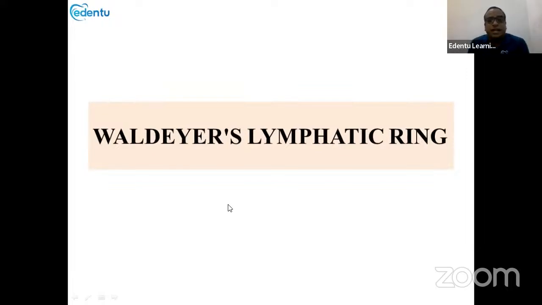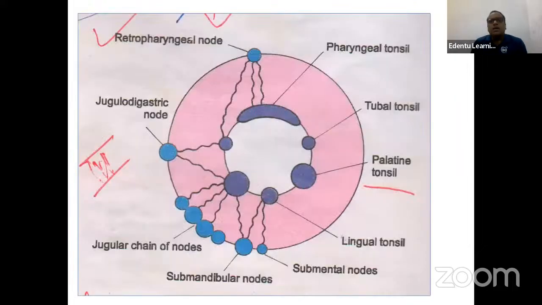Next question of the day, Waldeyer's lymphatic ring. Again, a short answer. Waldeyer's is the name of a person. Lymphatic means lymph nodes, the drainage system, and there is a ring. So that is what we are going to study. Now this will be a diagram which is common in your books.